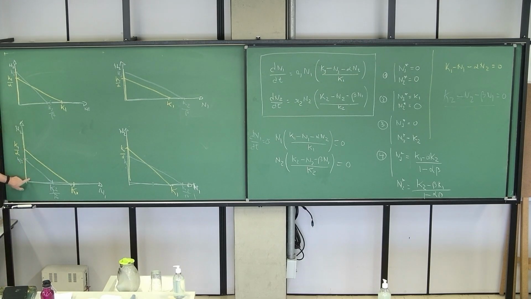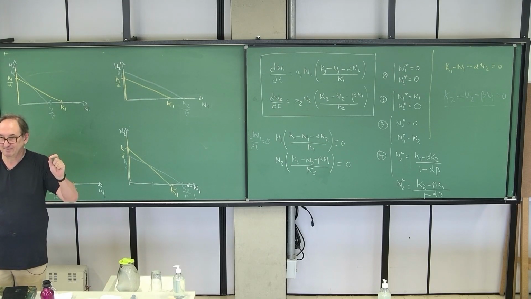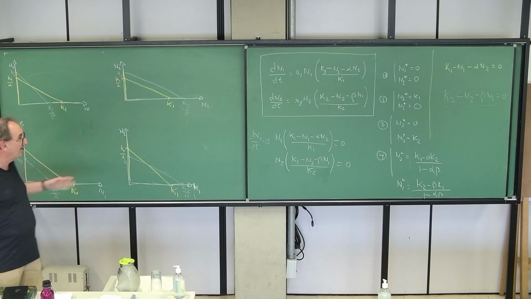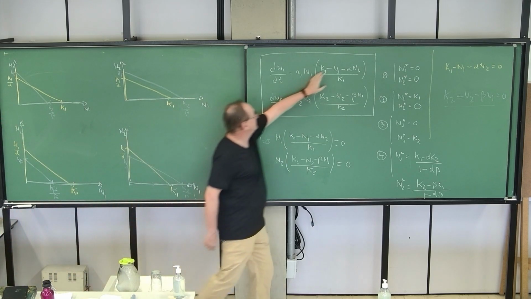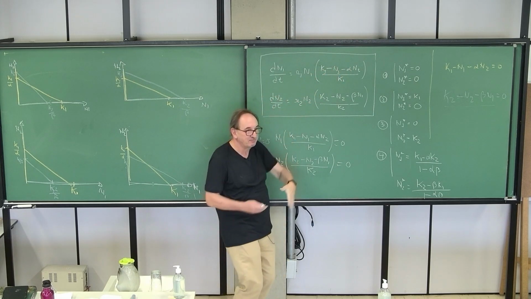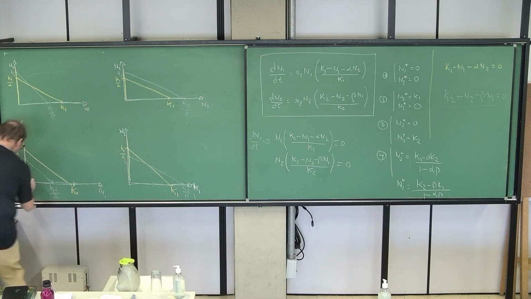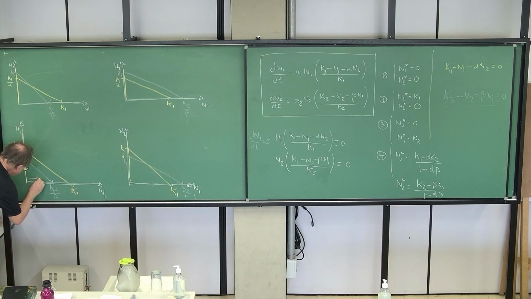If I'm here, I know that for small populations, both of them will increase. Because if the population is small, then this has no influence, so the population will grow. Therefore, I can grow here. I will draw something like this here, which means that N1 will grow and N2 will grow.